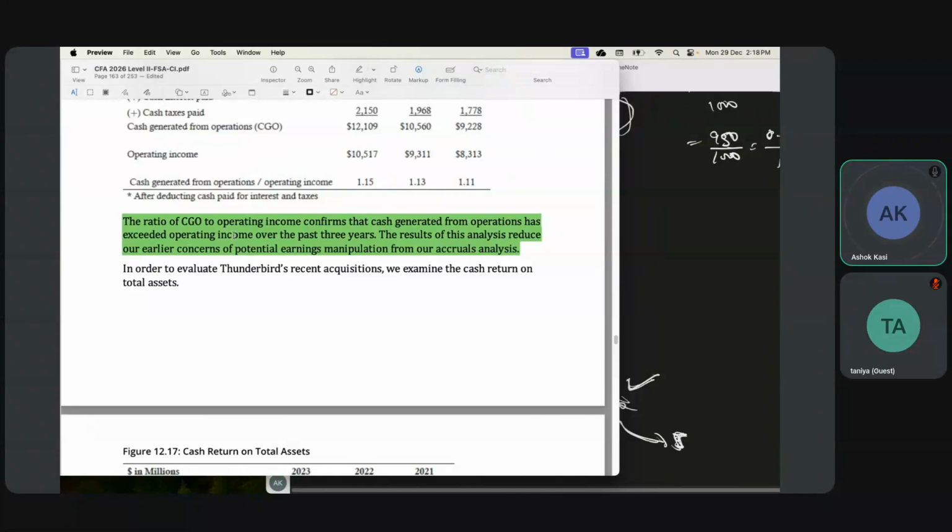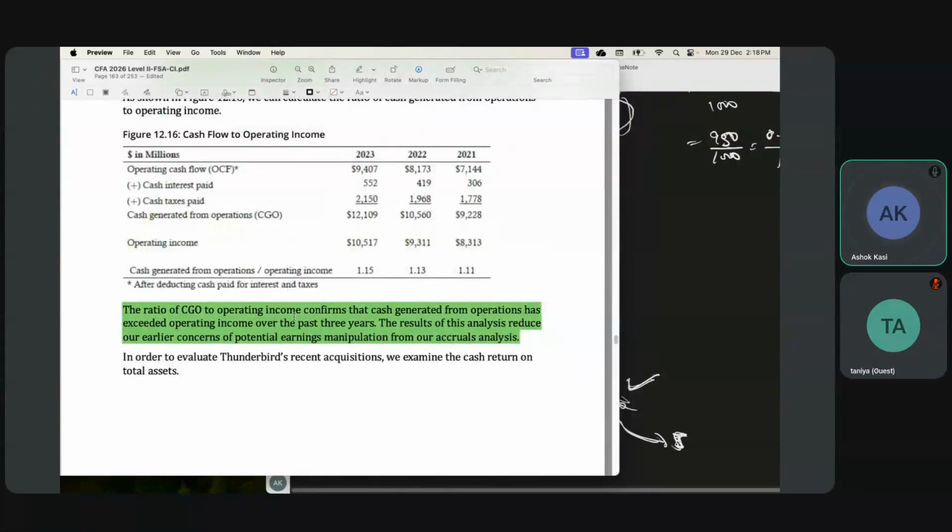So the ratio of CGO to operating income confirms that cash generated from operation has exceeded operating income over the past 3 years.